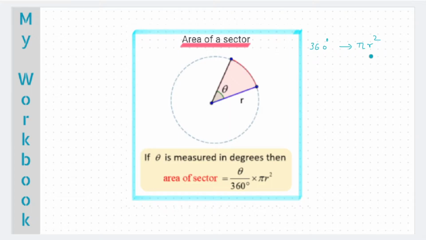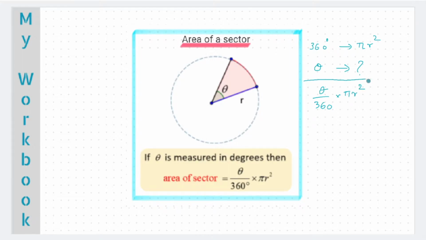So if we want only the area of this shaded portion where the angle at the center is theta, we can derive the formula as theta by 360 into pi r square.